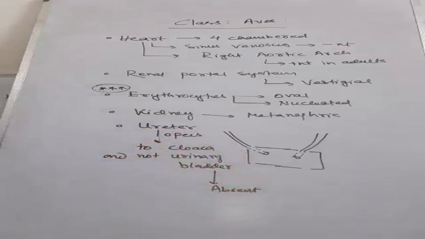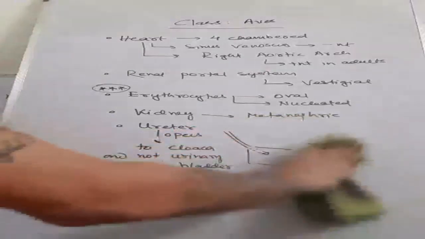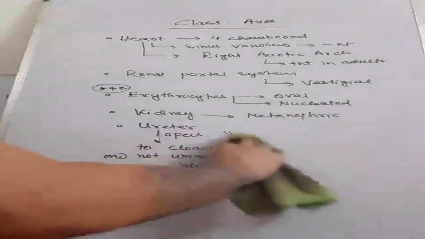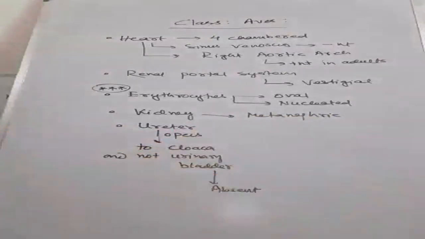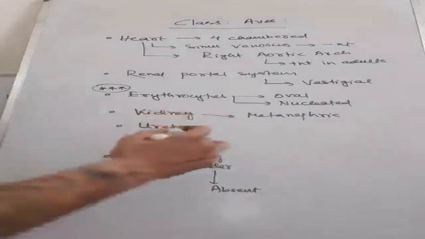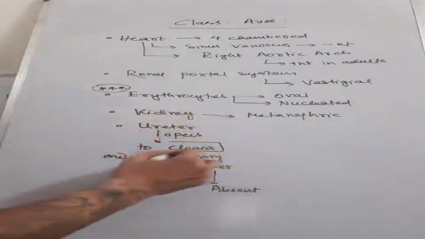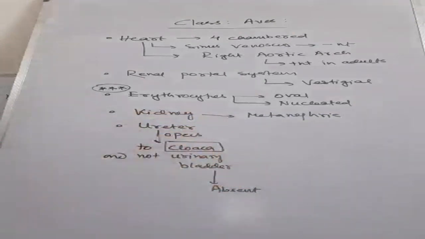Normally ureter opens into the urinary bladder, but as the urinary bladder is not present in birds, this ureter has to open up into the cloaca. That's why we call it the cloaca, known as the urinogenital reproductive tract. It is a single opening for all these three. That is called the cloaca.